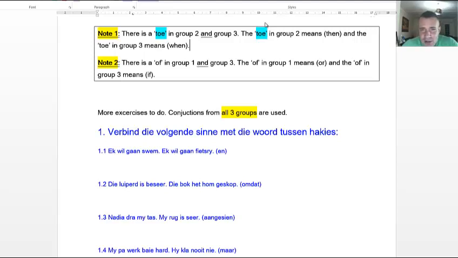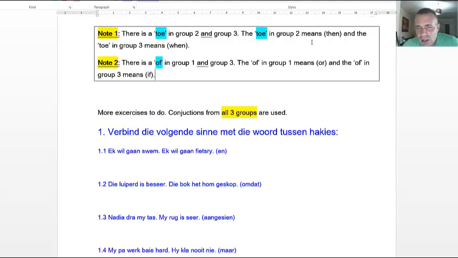It doesn't end there though. You've got an off in group 1. And there's also an off in group 3. Okay, so the off in group 1 means all, and the off in group 3 means if.